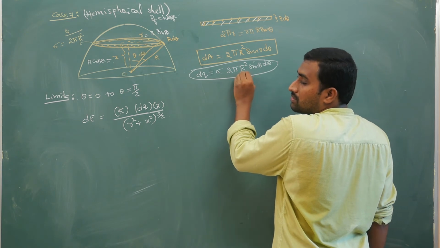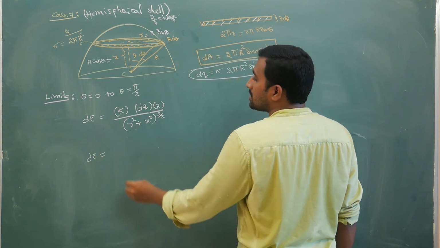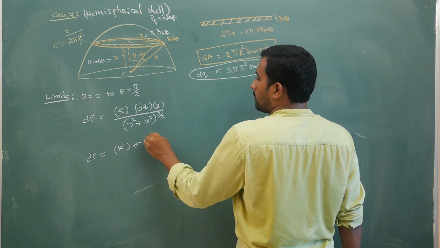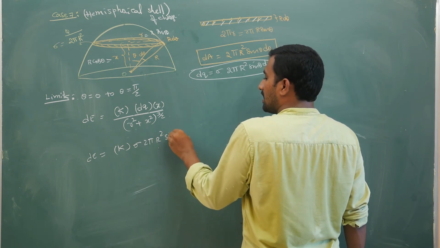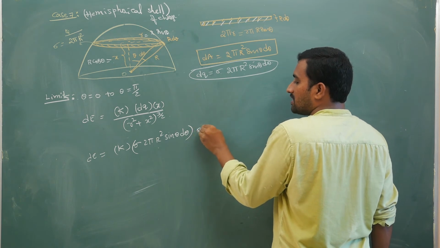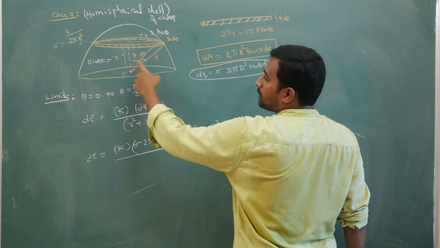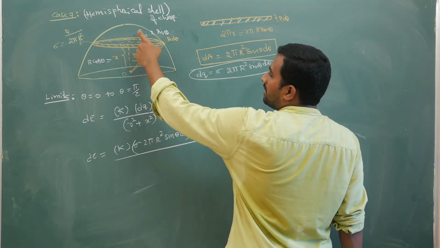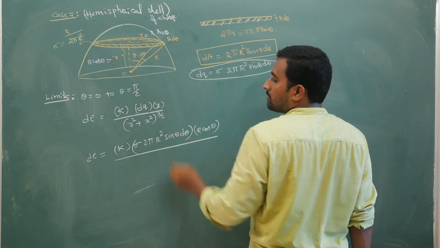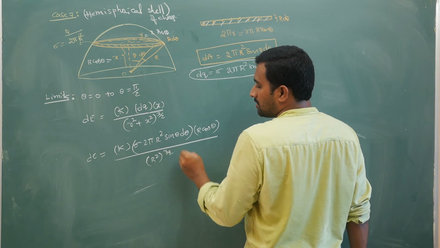Now let us substitute these results into this equation. So your small electric field dE is k times dq, which is sigma into 2 pi into capital R square sin theta d theta, times x, which is capital R cos theta, and small r square plus x square is capital R square, because this is a right angle triangle, so capital R square whole power 3 by 2.